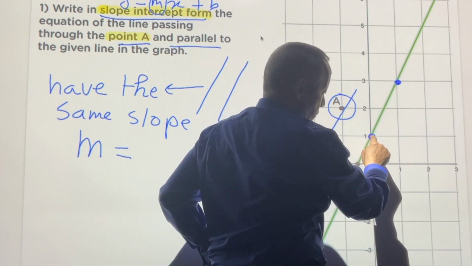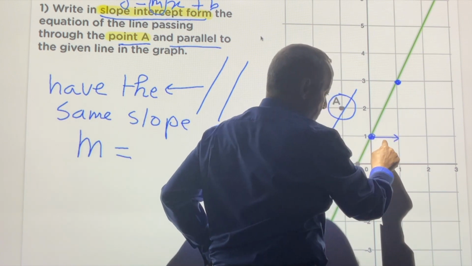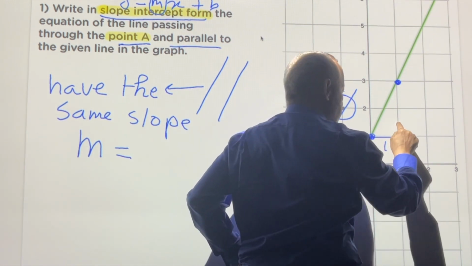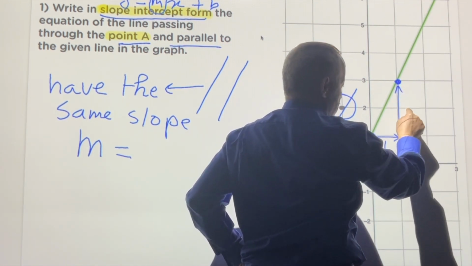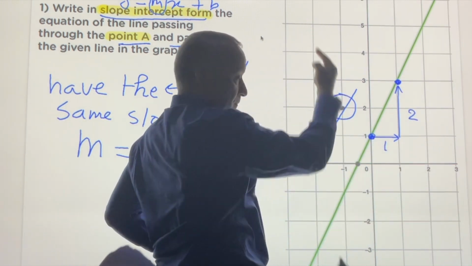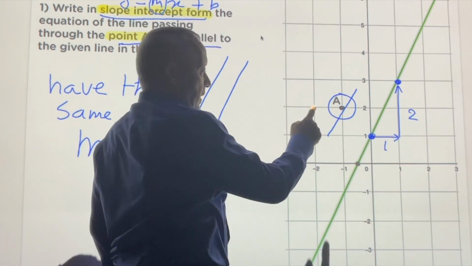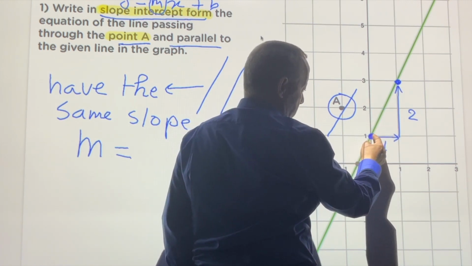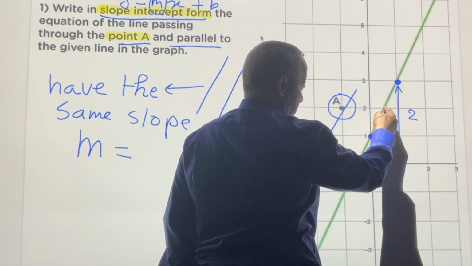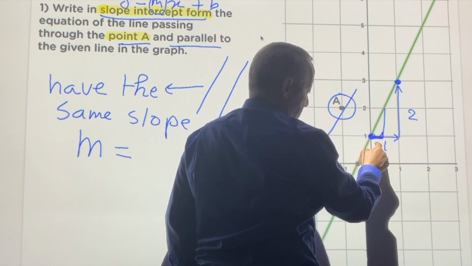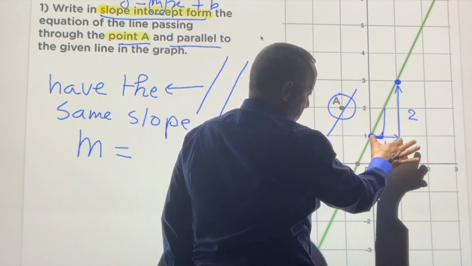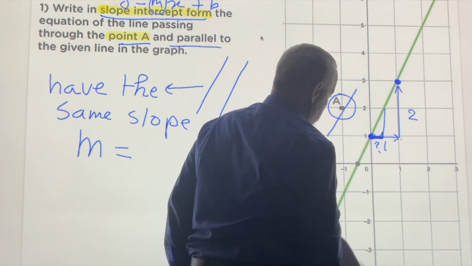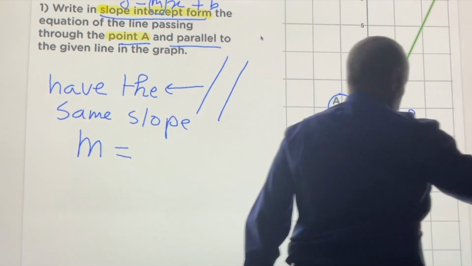If you move horizontally 1 unit, you have to move vertically up 2 units to get to the line. Why didn't I choose this one? Because it's too hard to calculate this bit. This bit is not really accurate, but this is accurate. You can get an approximation, but not an accurate value.